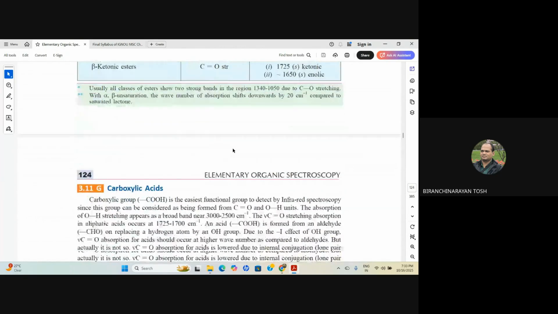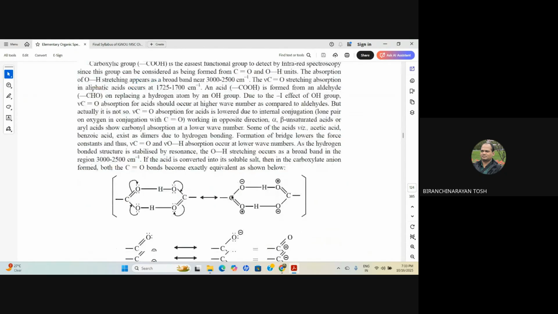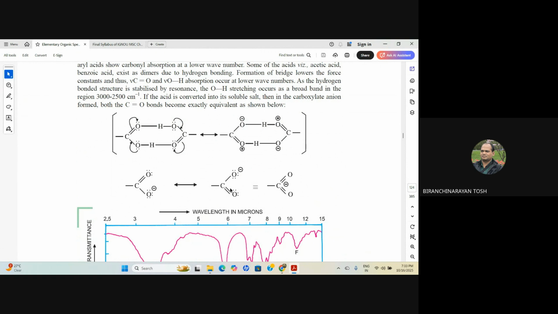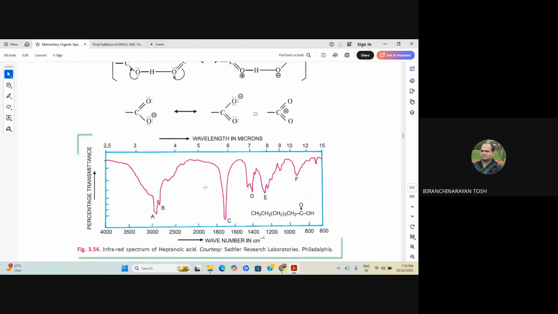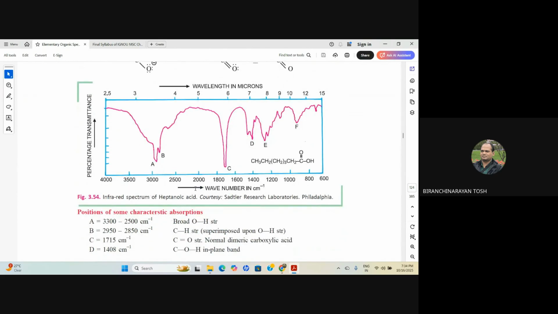Next, in carboxylic acids, as you know, generally they dimerize, so you have intermolecular hydrogen bonding, and the carboxylate ion is in resonance form. As in heptanoic acid, the carboxylic acid OH band will be there, but it will be a broad band. It starts from 3300 and mixes with the methylene group CH peaks at 2950 and 3000.